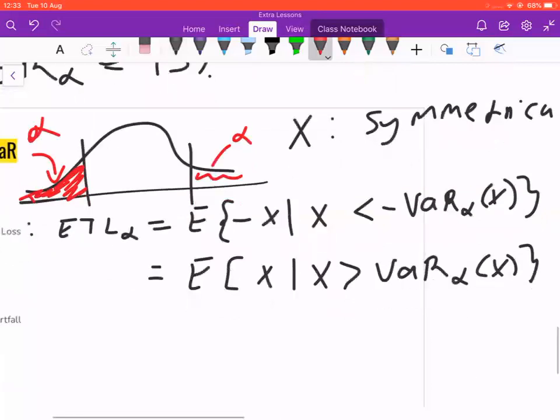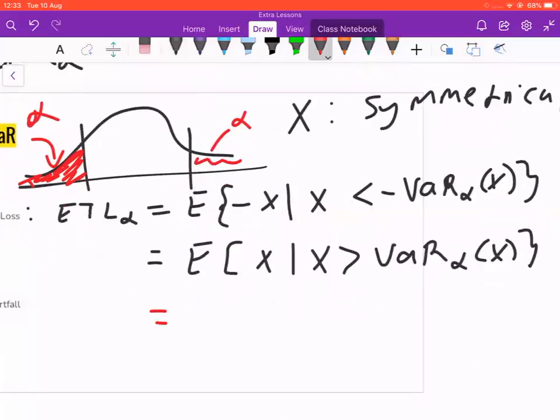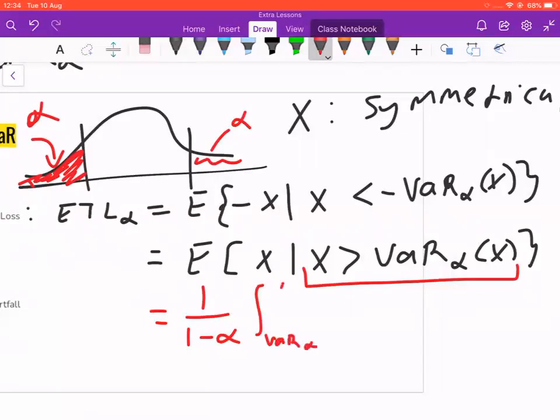Then they use the definition and say it's going to be 1 over 1 minus the confidence level, times the expectation of X from VaR, so the condition is that X should be greater than VaR. So you will have the integral from VaR to infinity of x f(x).